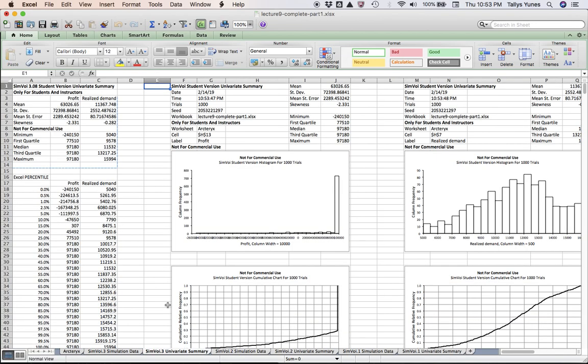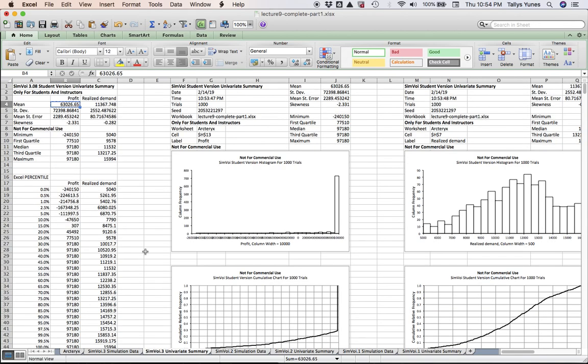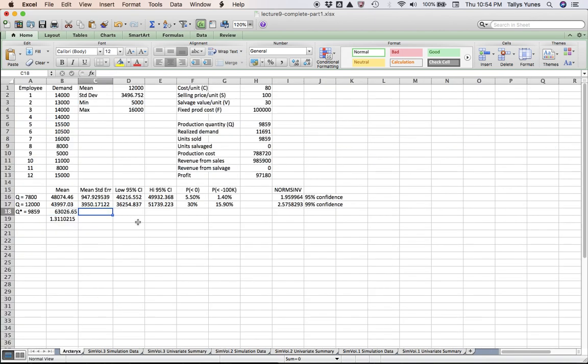And we're going to do similar analysis. This is the mean. We already had that, but we can paste it because I forgot to put the cents in there. Not that it makes that much of a difference. And then I'm going to take the standard error. Notice, a little bigger than the 7,800, but not as bad as the 12,000.